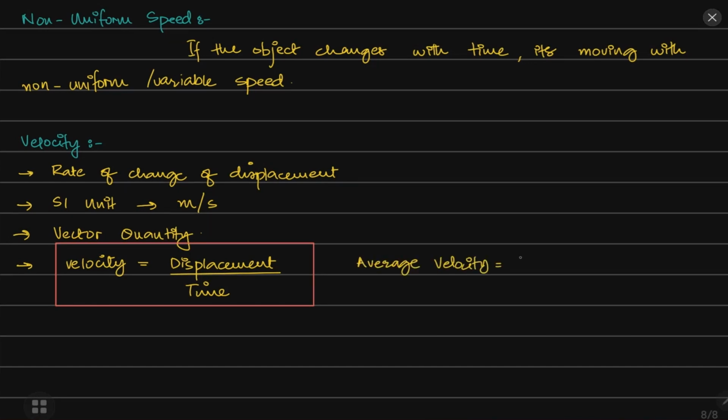This just changes to total displacement upon total time. There you go. So that's basically it for velocity. Not much going on over here. Same thing, constant velocity means rate of change of displacement, but at a constant rate.